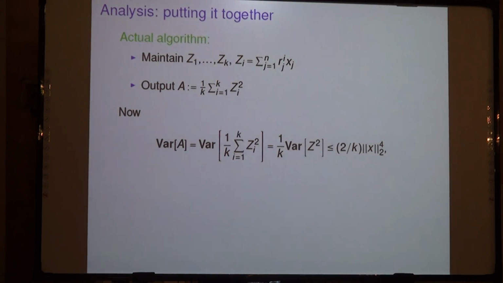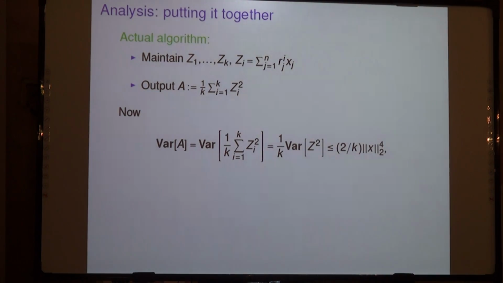Okay. So here's the actual algorithm. Instead of maintaining one z, we'll maintain k z's, for k to be set in a second. And each z is a dot product of x with a fresh vector of random signs. And so our output is just the average of the zi squared. Good. So what is the variance? The mean of this average is exactly correct.